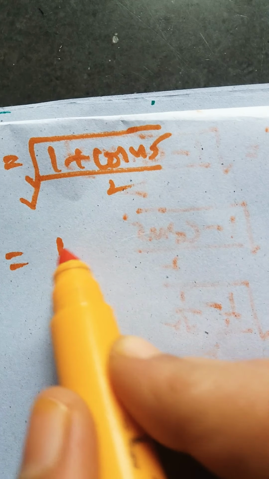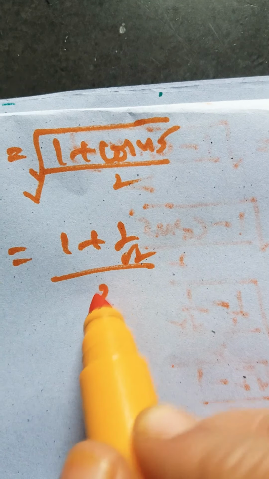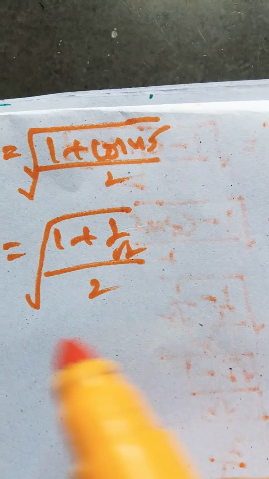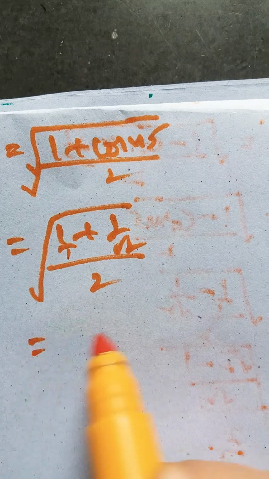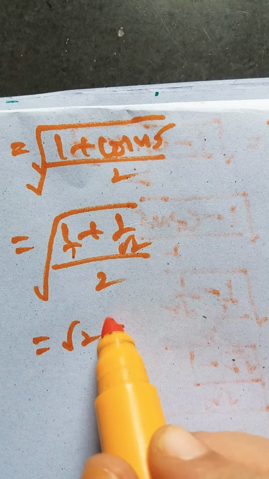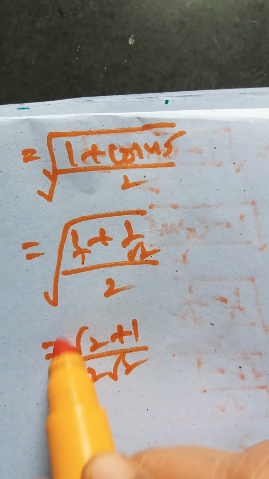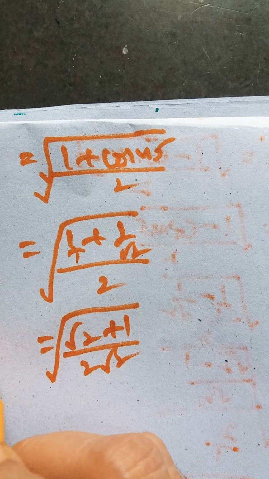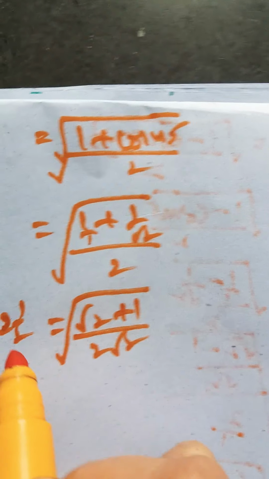Now replace the value of cos 45. By replacing cos 45 degrees, we get 1 plus 1 by root 2, divided by 2. Cos 45 value is 1 by root 2. Now take LCM and simplify. You will get root 2 plus 1 by 2 root 2. This is the value of cos 22 and a half degrees.